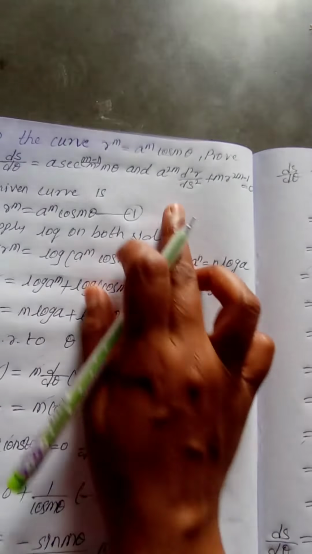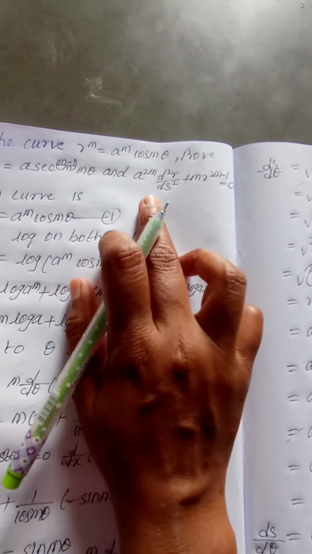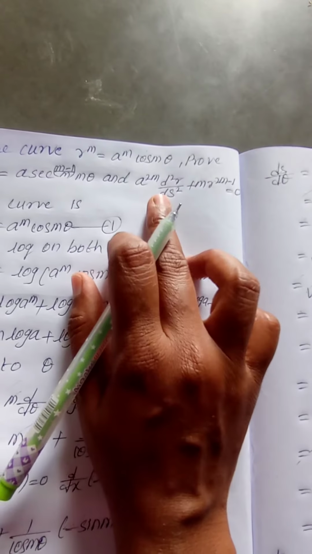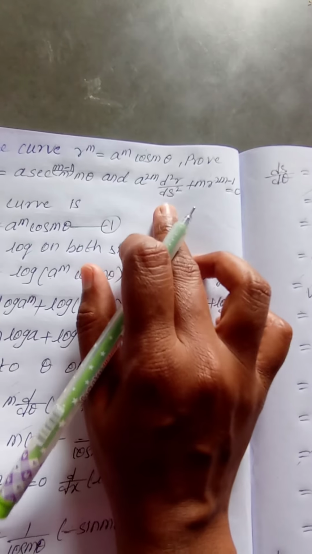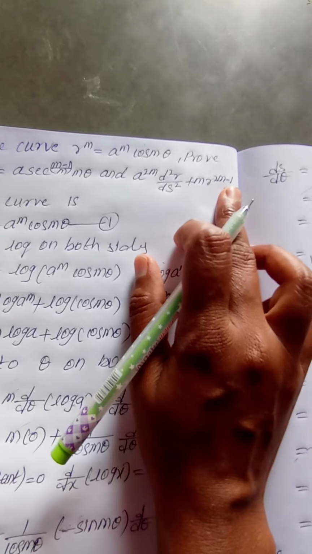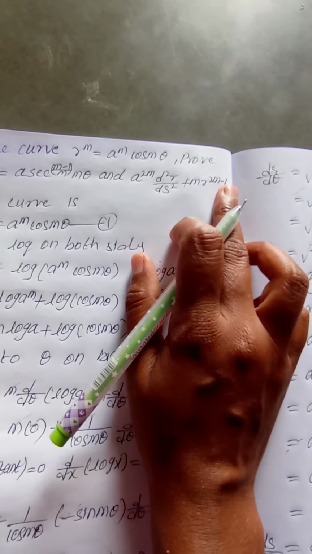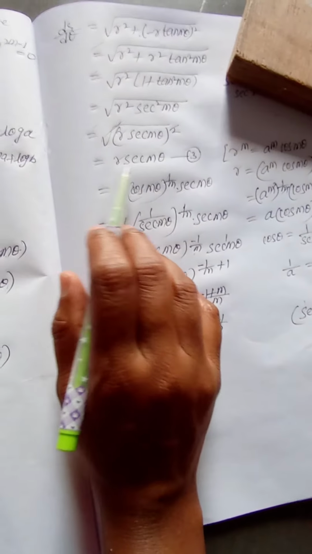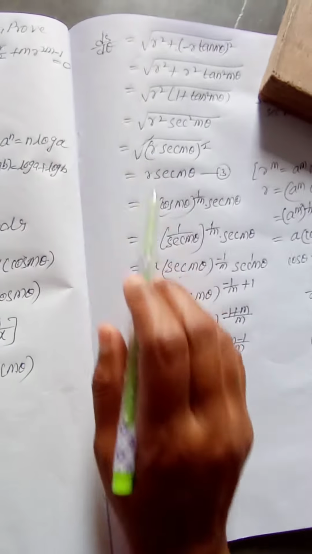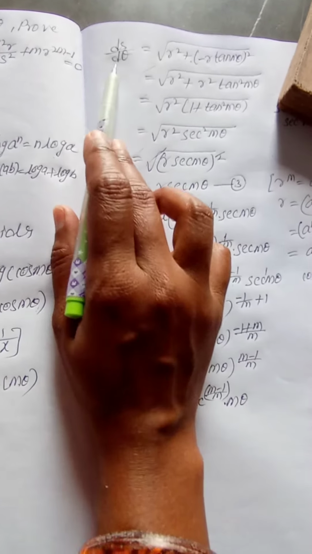Next, the second proof. We have to show that a to the power of 2m equal to a to the power of 2m d square r by ds square plus m into r to the power of 2m minus 1 equal to 0. So the second proof. Here take the ds by d theta value.